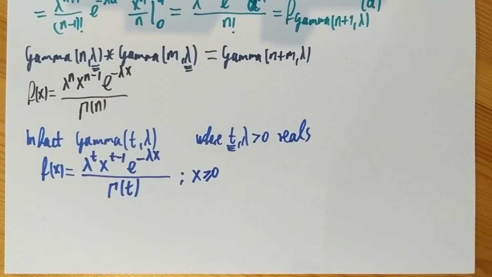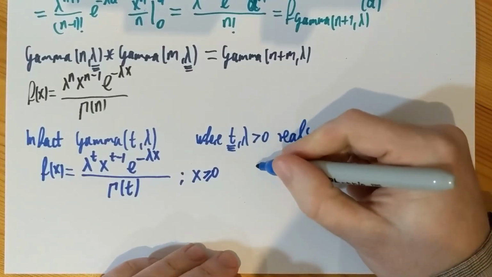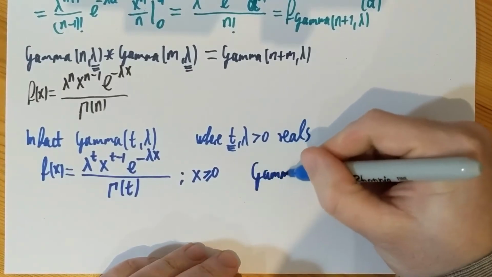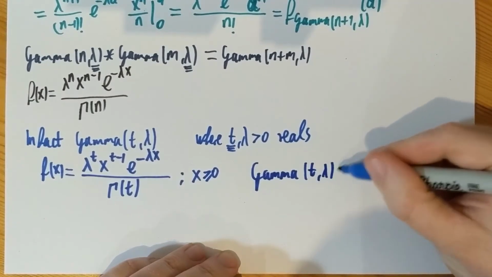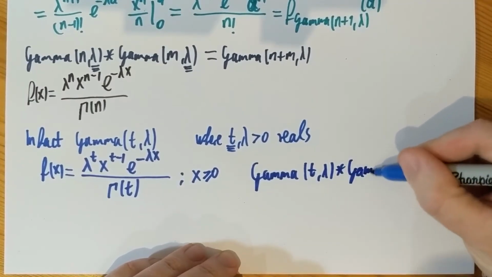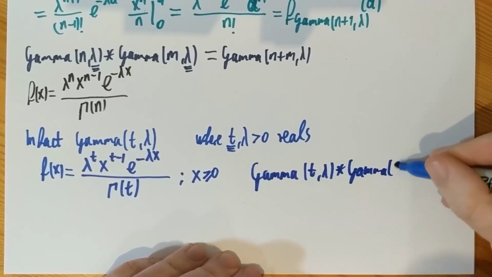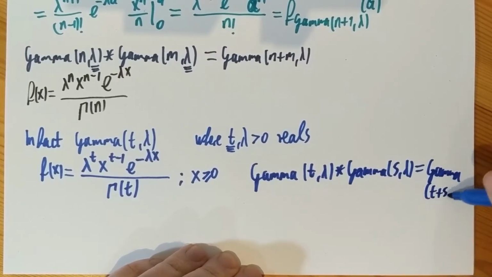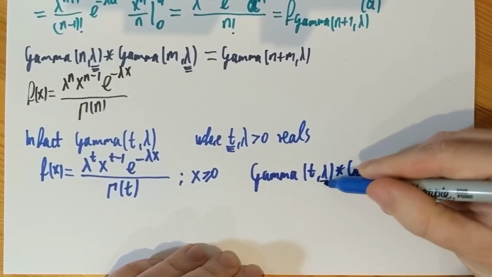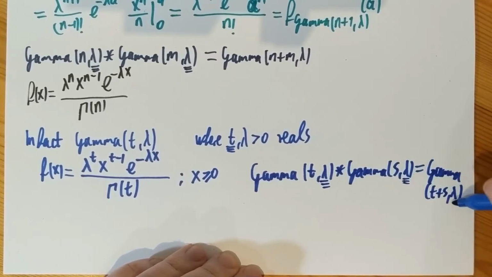One can still make the gamma convolution. It is still going to be true that convolving gamma of t, lambda with gamma of s, lambda is going to be gamma of t plus s and lambda. Notice still that the lambda parameters are all the same.